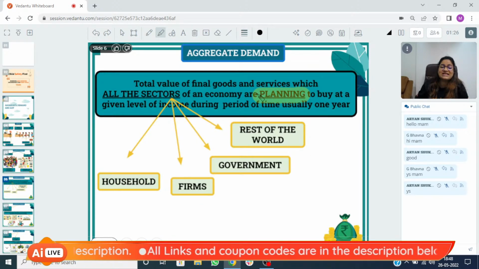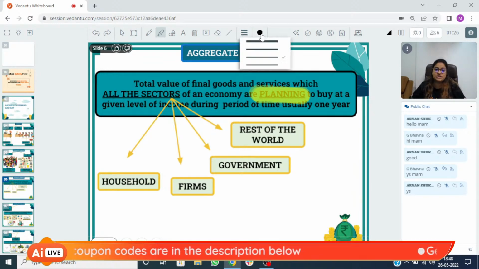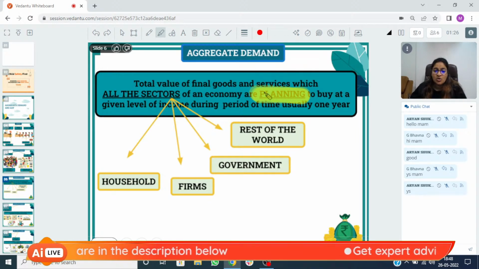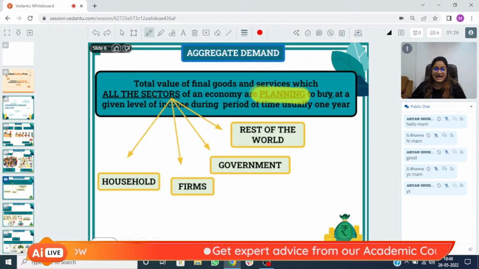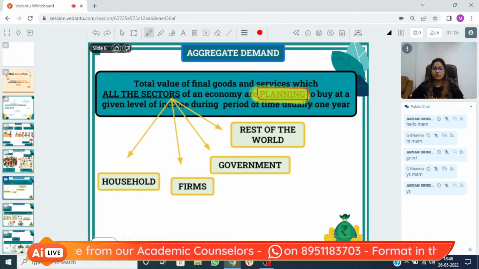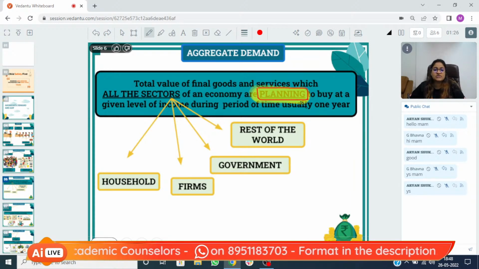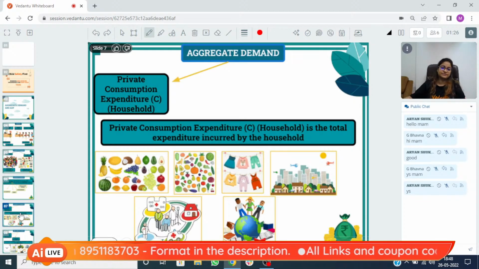Have the consumers actually purchased? No. They are planning to purchase. So this is a very, very important word. Aggregate demand is the planned demand. It is the planning of all the sectors of the economy to purchase goods and services during a given period of time, usually 1 year.